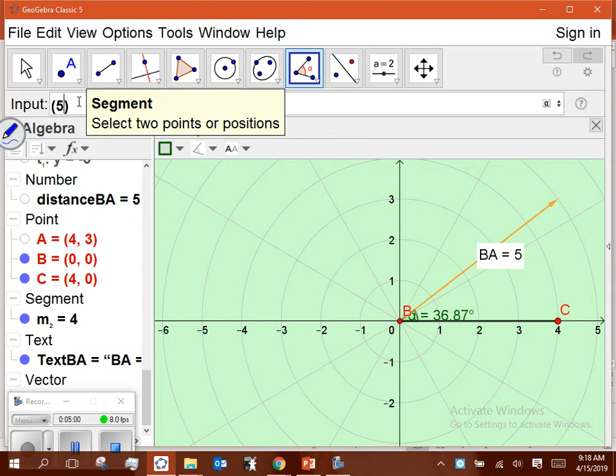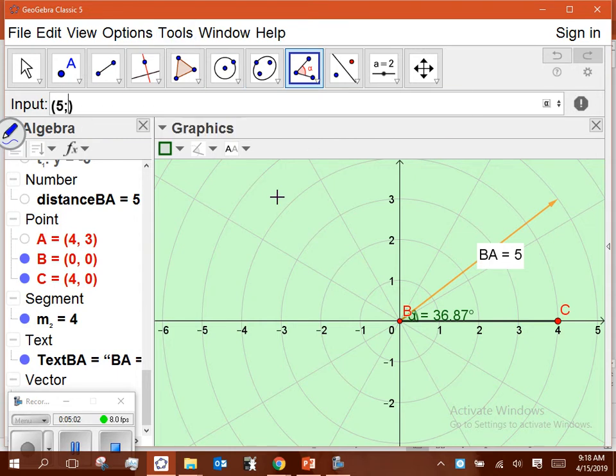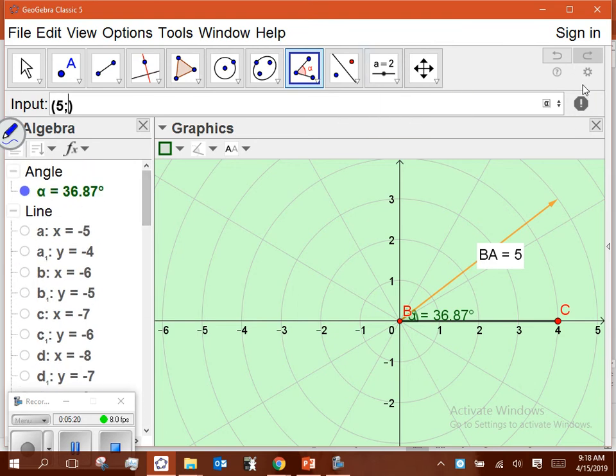We'll type in 5. Now, just to differentiate, that's not a rectangular system. GeoGebra requires a semicolon. So you go 5, semicolon. That 5 stands for the radius. And now the 36.87. So I think I can just ask it for alpha here.